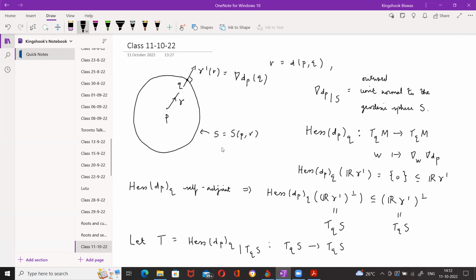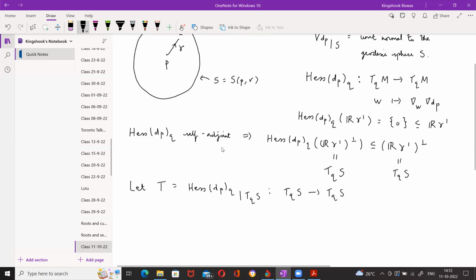Right? And what is this operator? It's just W goes to nabla sub W of grad dp. And this I can write as nabla sub W of n, where n is equal to grad dp restricted to S, which is the outward unit normal.